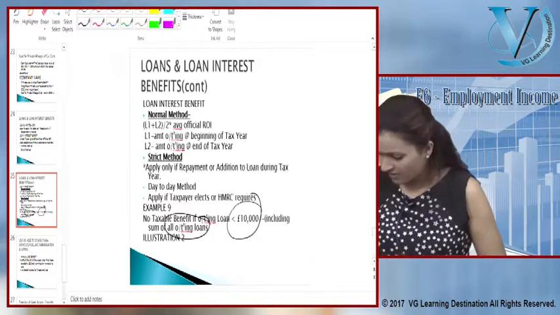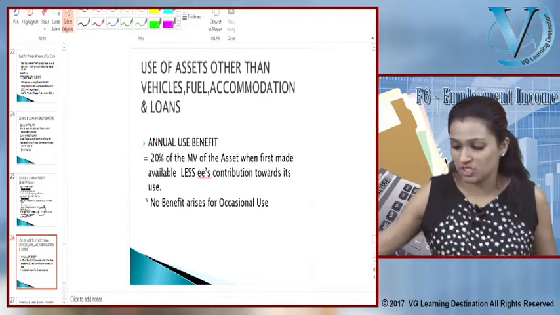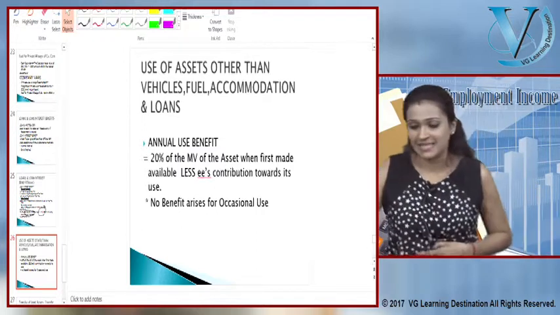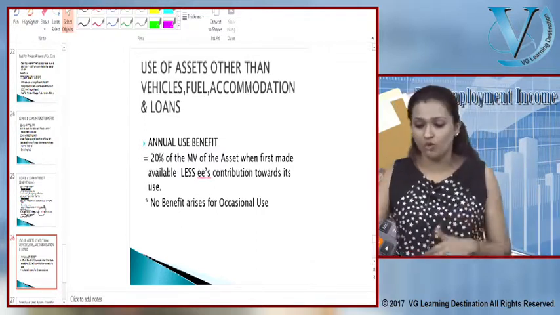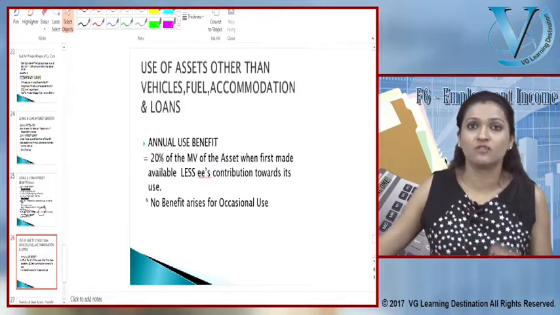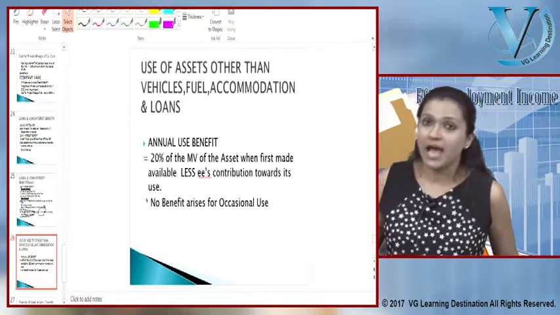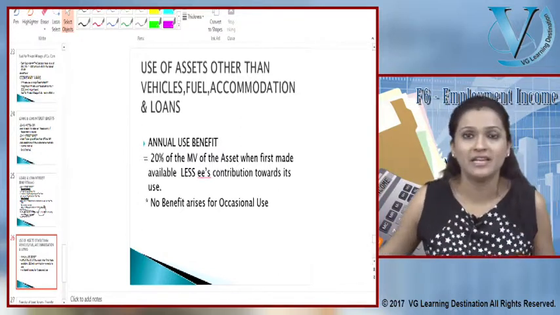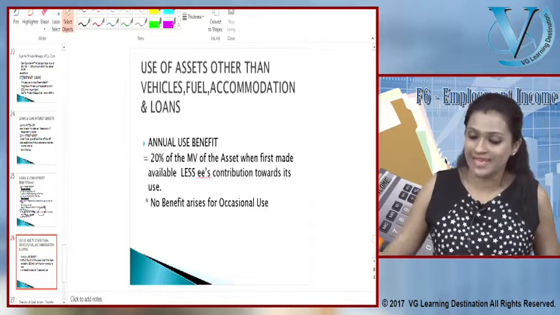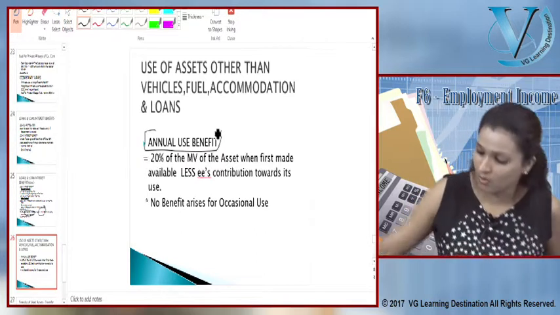Now let's move forward. Let's have a look at other benefit, which is basically the use of assets other than vehicle, fuel, accommodation, loans, any other benefit that there is in terms of use of the assets apart from what we have already done. Again, what do you use? You definitely need to calculate the annual use benefit, that is the annual use of the benefit that you have availed.